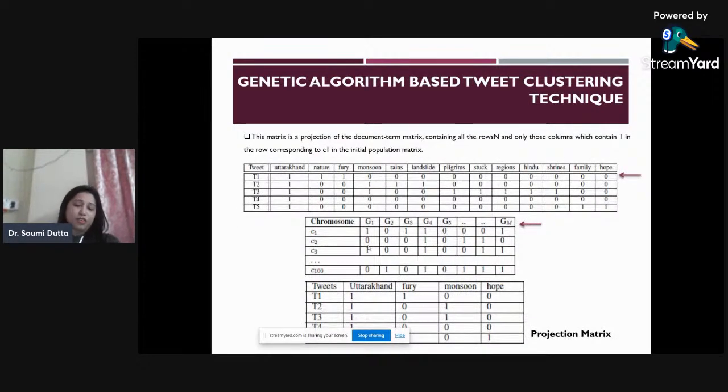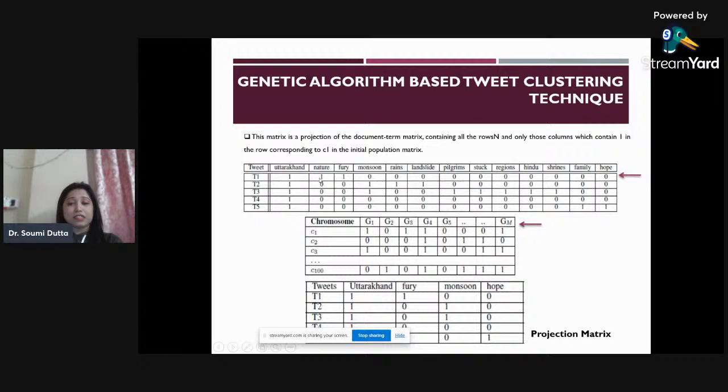Now, for the clustering purpose, before moving to the clusters, I will get many clusters, and then I will apply the methods. So for example, just look at the first row I have taken. For T1 I have only three ones, for the words Uttarakhand, nature and fury.